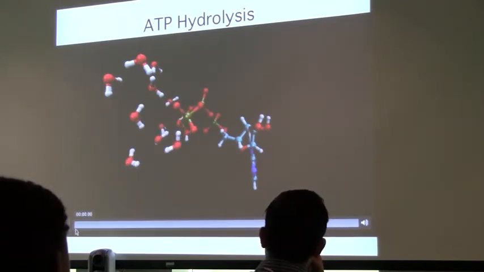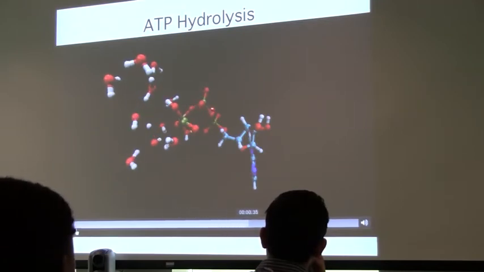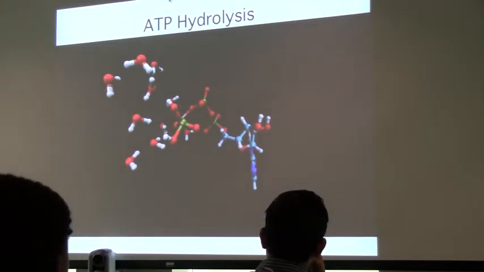Again, we see first the gamma phosphate breaks off. We see the proton hops to the neighboring oxygen. We see the hydrogens rearranged. And then finally the association of the lytic water to the gamma phosphate.